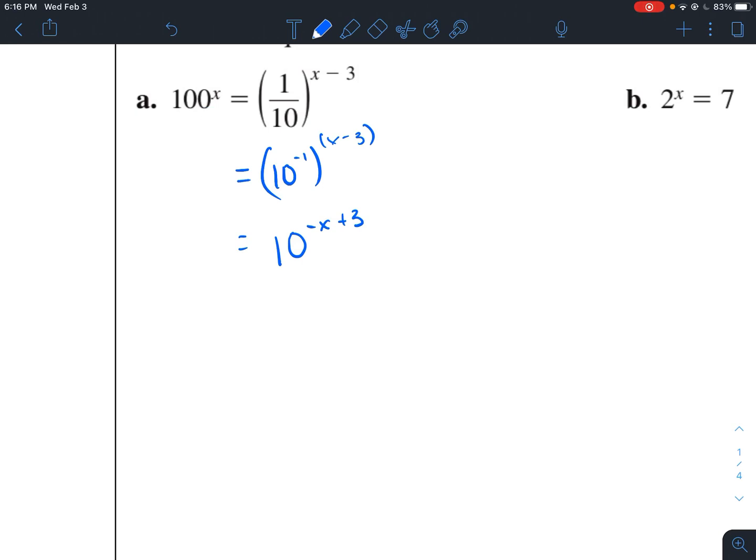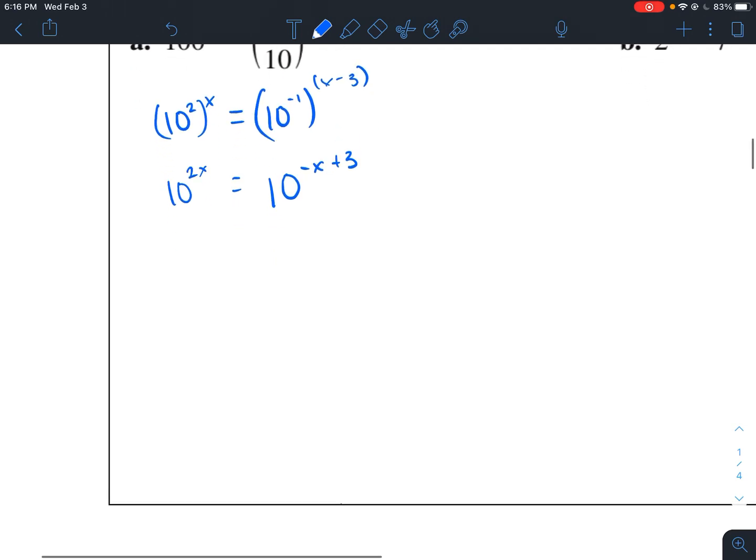Well, 100 is the same thing as 10 squared. So I'll change 100 to 10 squared. Again I have a power to a power, so I multiply the exponents and get 10 to the 2x. Now notice that on both sides of my equation, my base is 10, which is what I want.